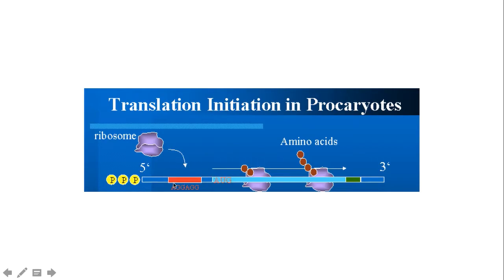The ribosome binds upstream of this in this ribosome binding site, or the Shine-Dalgarno sequence. We like to look at how close is this sequence to the start site. Turns out a distance of about 10 to 12 nucleotides is ideal here. And what this sequence is also is quite important.